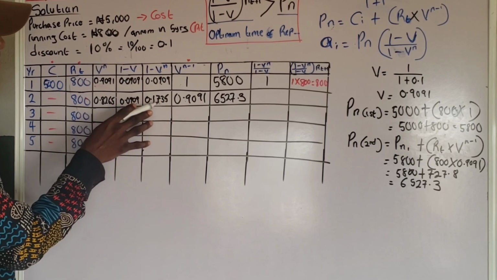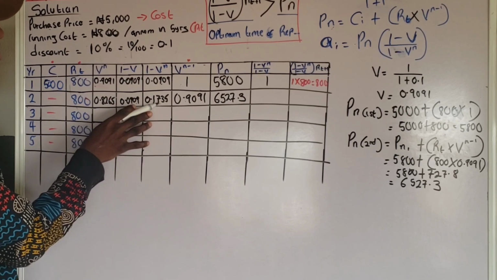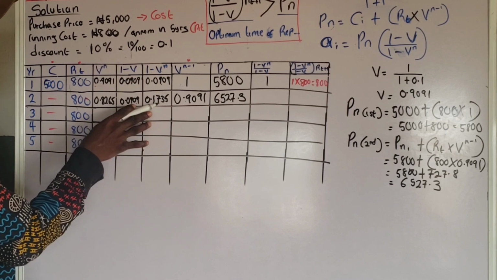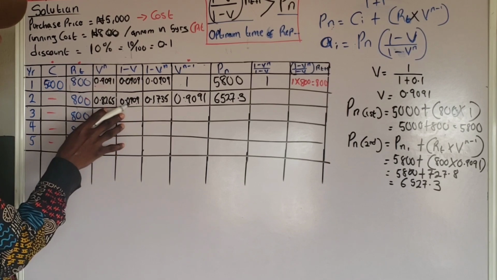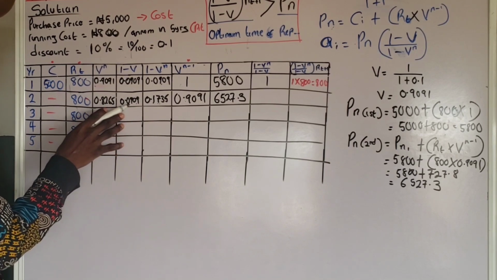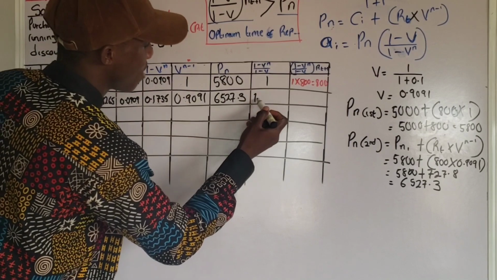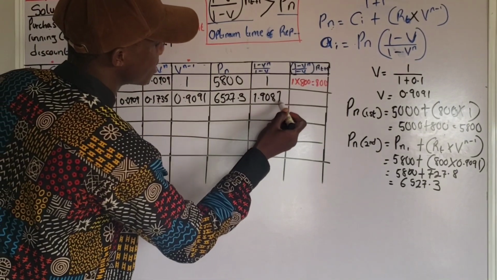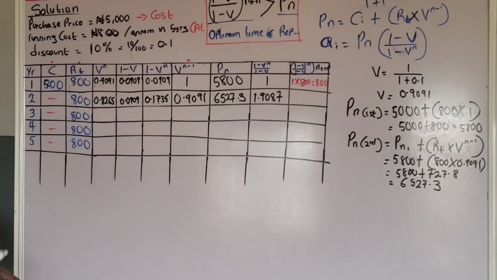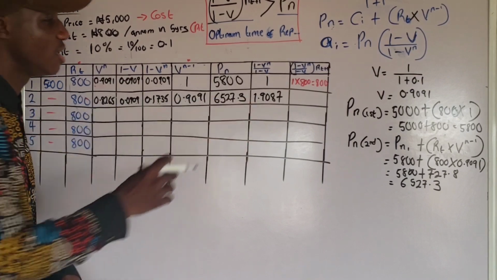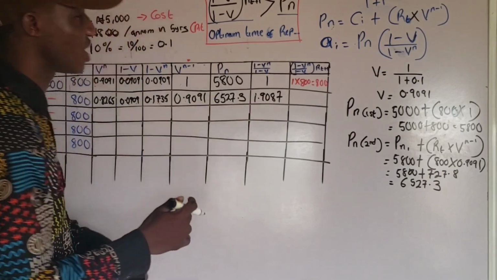So I'm going to divide 0.1735 by 0.0909. That will give us 1.9087. So I'm going to have 1.9087. Please, do you understand how I got here? If you didn't understand, listen to the explanation again.